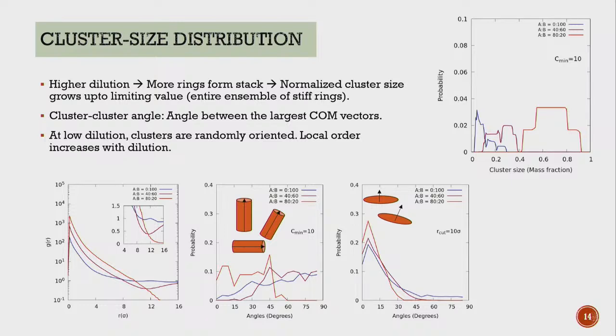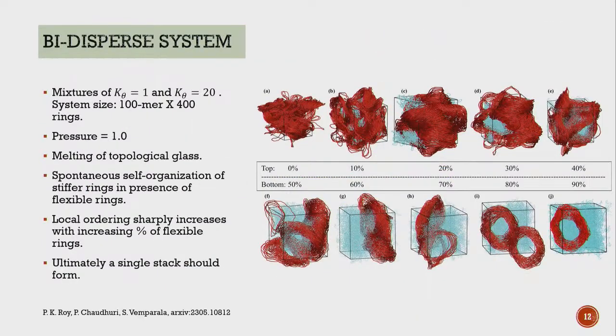However, as we increase the dilution with flexible rings, the graph shifts toward the left end, and they are much more ordered now as compared to the pure systems, which you can also see in these graphs: the pure system has much more disordered stacks, but as we increase the dilution, the stacks become parallel to each other, so they are much more ordered.